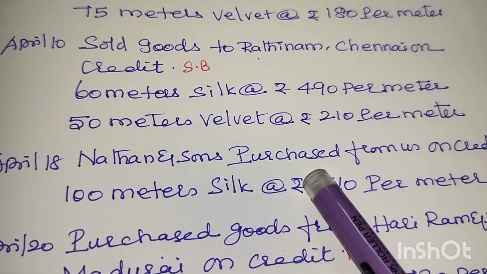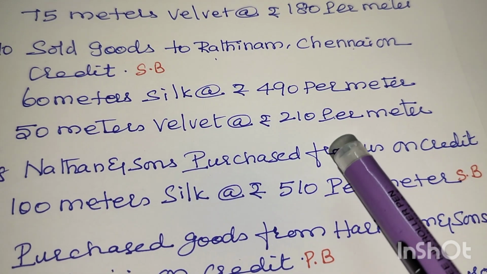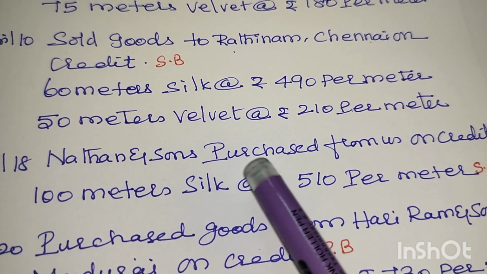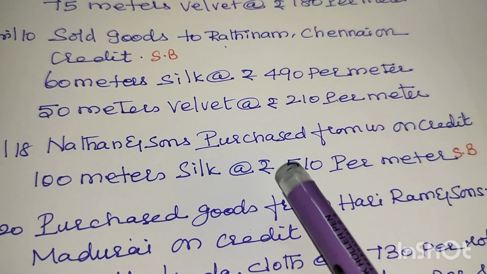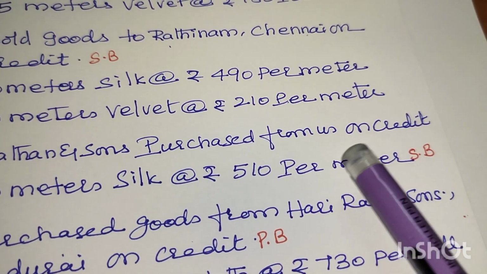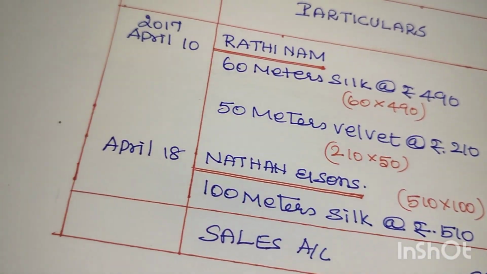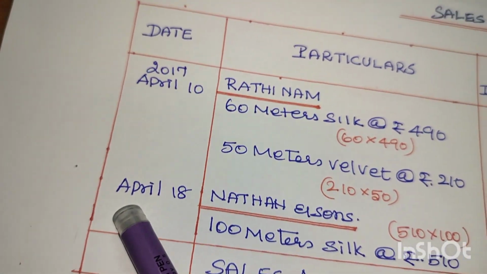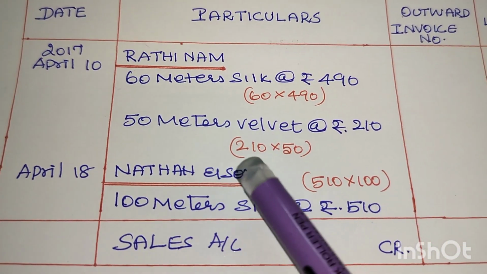Northern and Sons purchased from us on credit. So this transaction tells us credit sales. The detail of the goods is 100 meters silks at rupees 510 per meter. So in sales book we enter April 18 in the date column and the customer name is Northern and Sons.